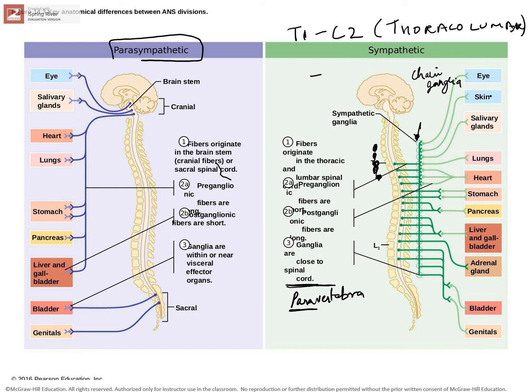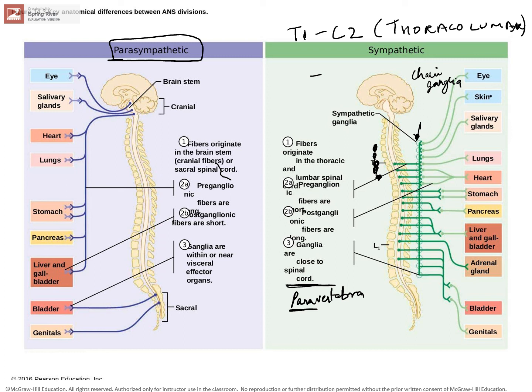The parasympathetic nervous system is fairly simple compared to the sympathetic nervous system, and the ganglia are also fairly simple. So in the parasympathetic nervous system, the ganglia, or the cell body clusters, are found very far away from the spine.